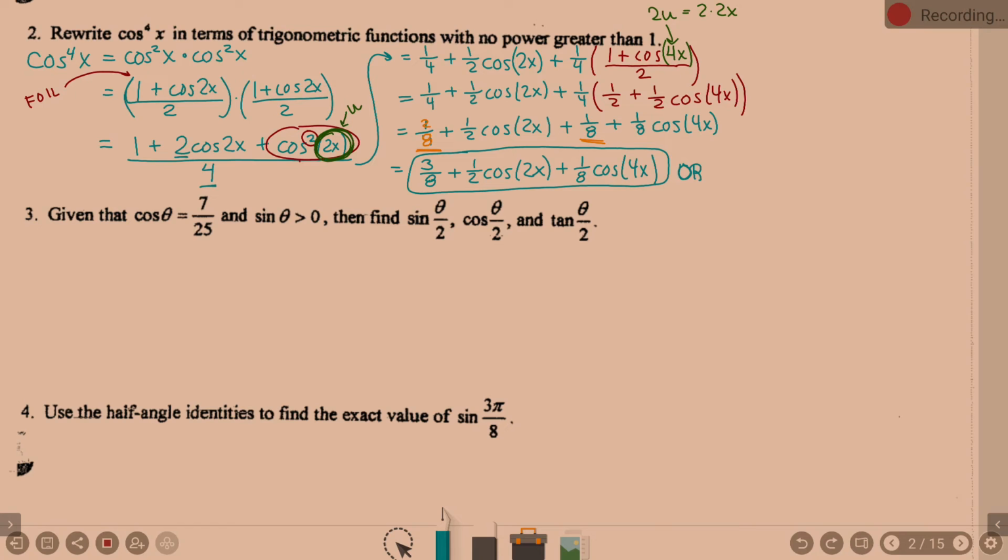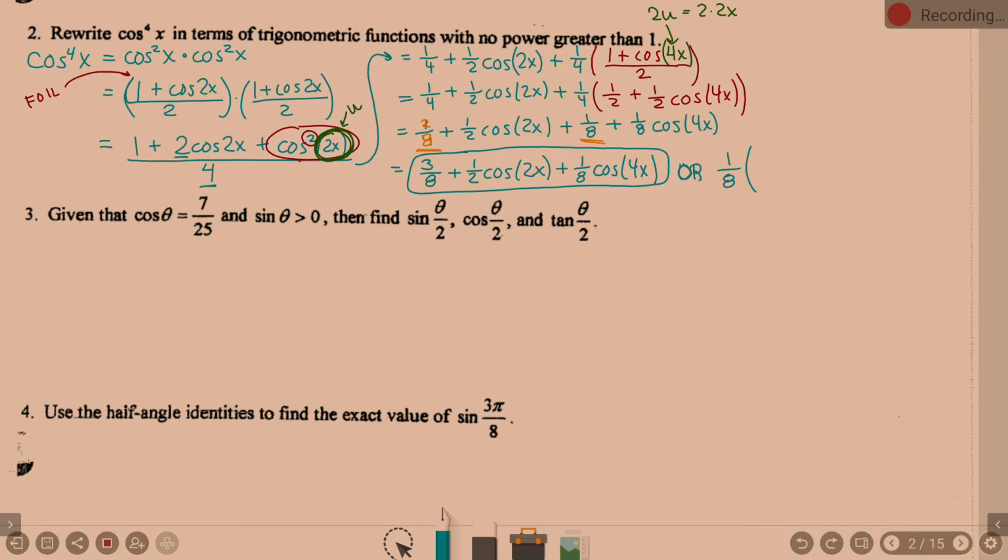Every term has a fraction, yes? What would be the common denominator of those 3 fractions? 8. So the other option here is we can factor out an 1/8.